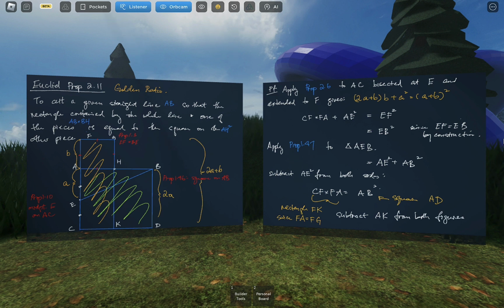And this gives us, I guess this will just fit, right? The square FH is equal to the rectangle HD.